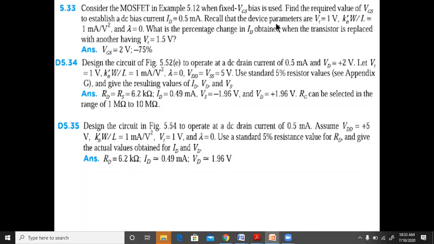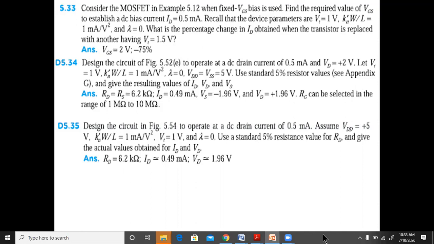Recall that the device parameters are VT equal to 1 volt, Kn dash W by L is equal to 1 milliampere per volt square, and lambda is equal to 0. What is the percentage change in ID obtained when the transistor is replaced with another having a VT value of 1.5 volts? Okay, so now this is a fixed VGS over here.